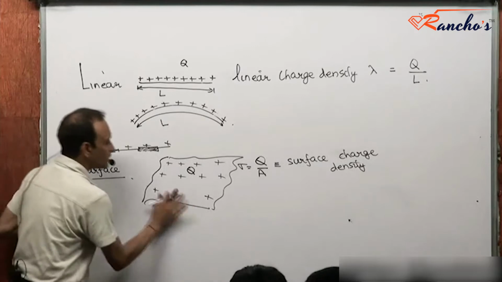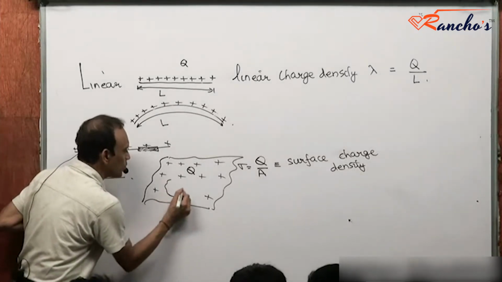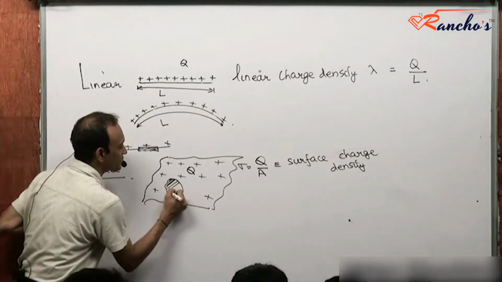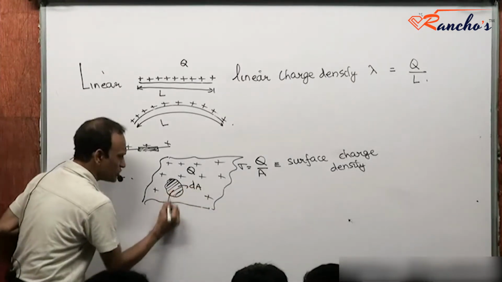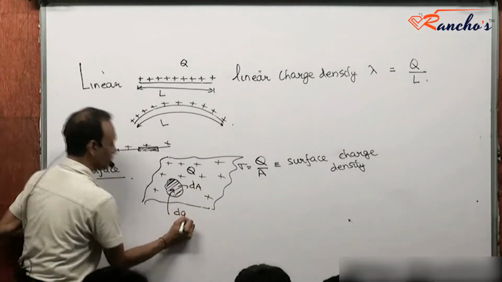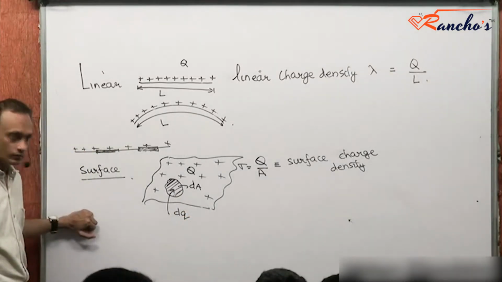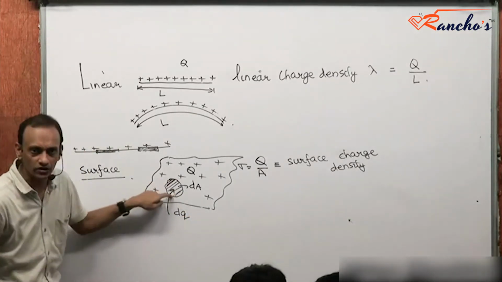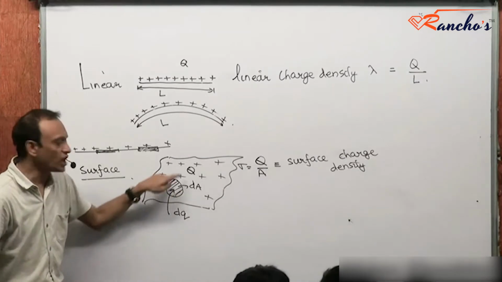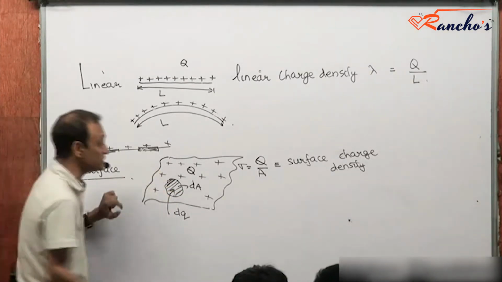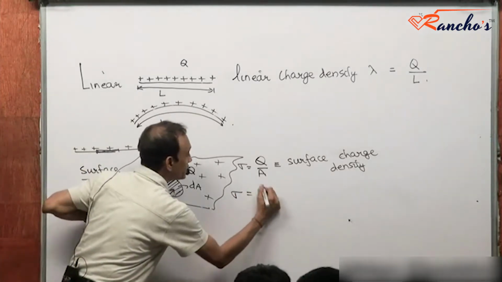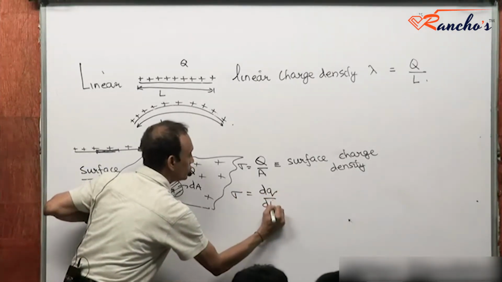Now, if I take a small area dA somewhere on the surface, and the charge on this area is, say, dQ, then the surface charge density for this is going to be dQ by dA.